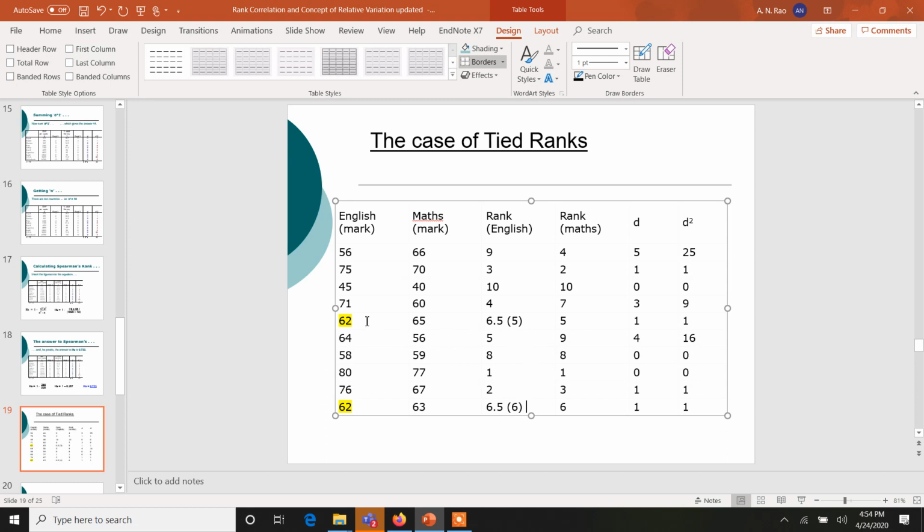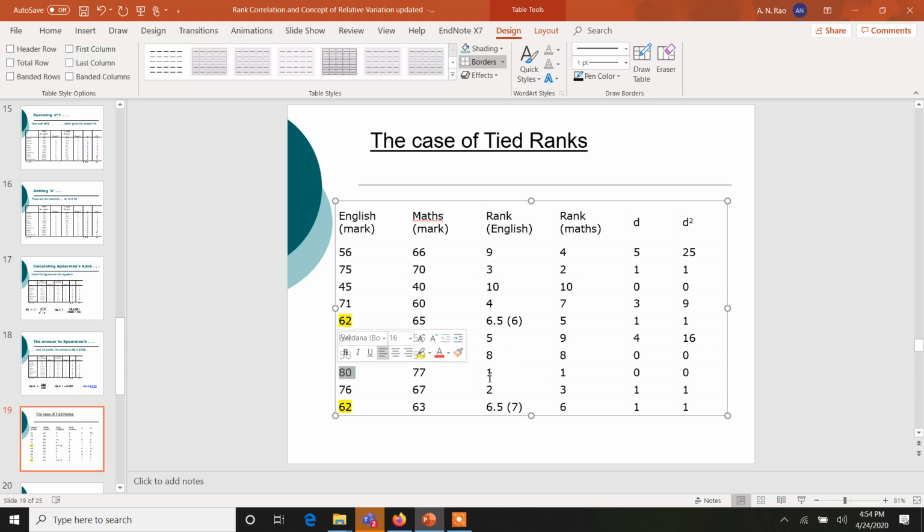But now these two values are same. So what I'm going to do is I will calculate the average of 5 and 6 and that comes out to be 5.5. Okay, I'm sorry, it's a little bit of a correction that is required. The rank at 5 is 64. So this one might have been 6 and this one 7, right?